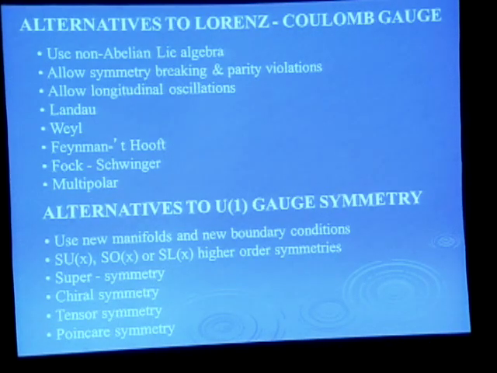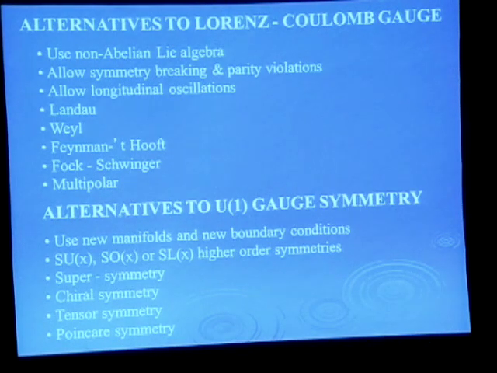So it turns out, as I said earlier, that the gauge that Maxwell chose was called the Lorentz or Coulomb gauge, and there are alternatives to this kind of gauge that use non-Abelian algebra that have a different kind of symmetry. In fact, with these other gauges, you can have symmetry breaking, which is not allowed in the classic theory.